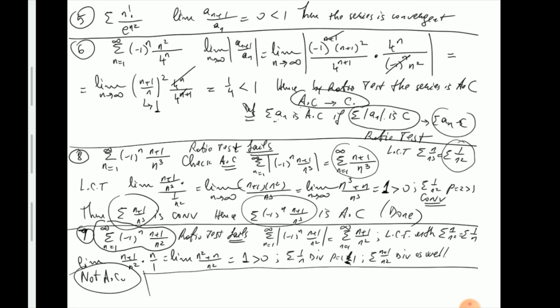And at this point, the only thing at our disposal is the alternating series test, in which you look at the n plus 1 over n squared, the piece without the negative, and check to see if it goes to 0. Yes. Check to see if it's decreasing. Yes.